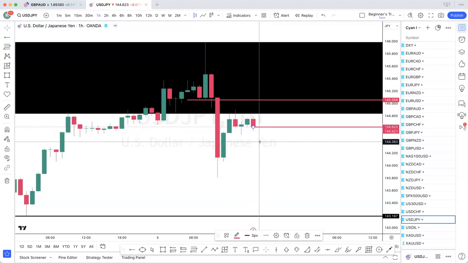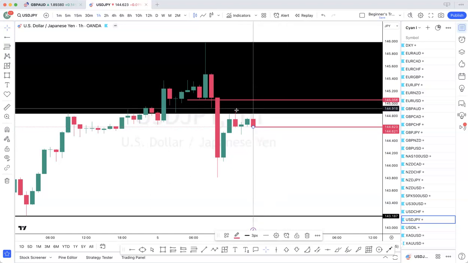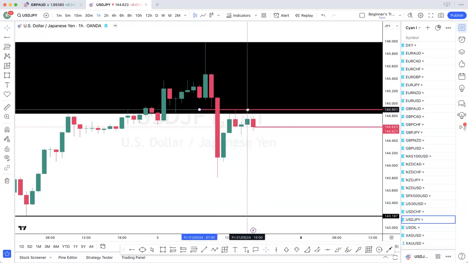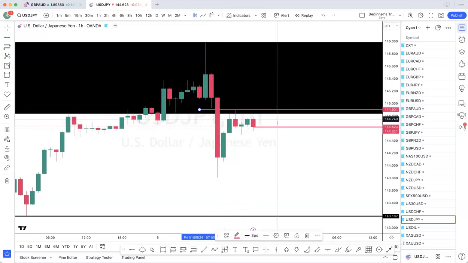If price comes below these two lines, Sunday, Monday open, then we already know we're looking for this pullback imbalance. Here's your imbalance right here, right? So instead of putting your zone here, you can put it at the imbalance to then sell down.